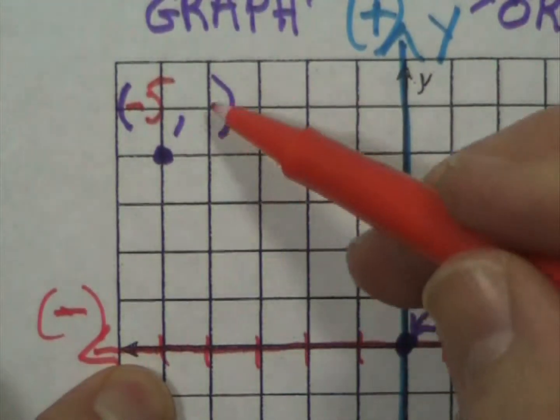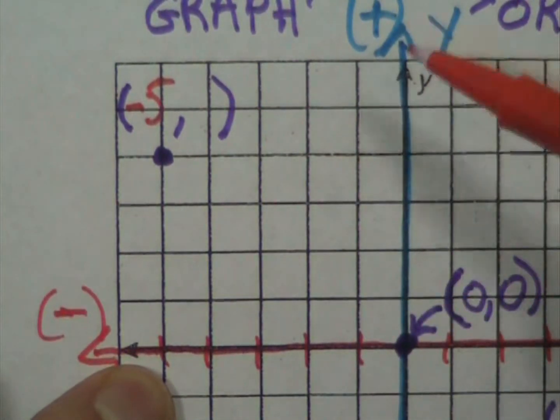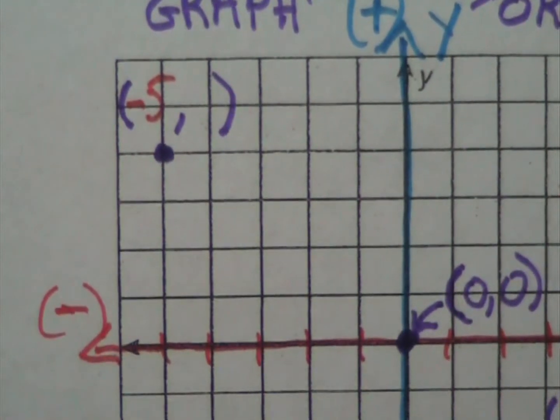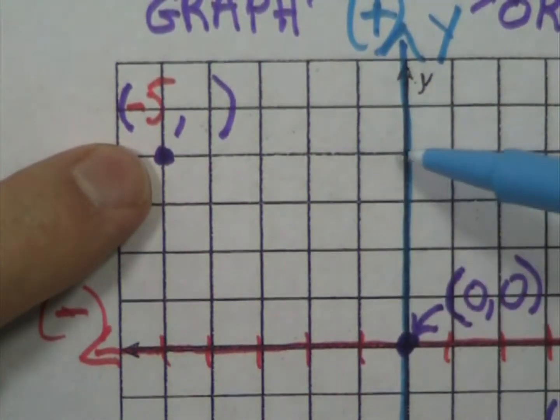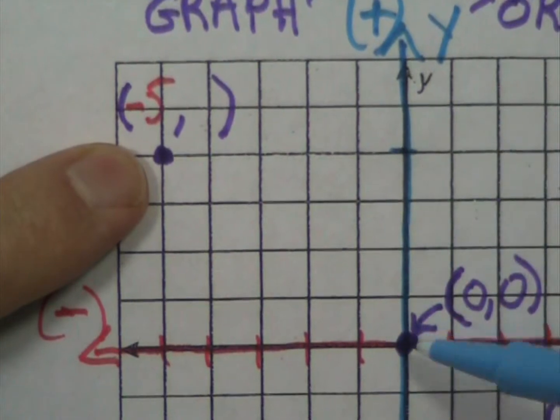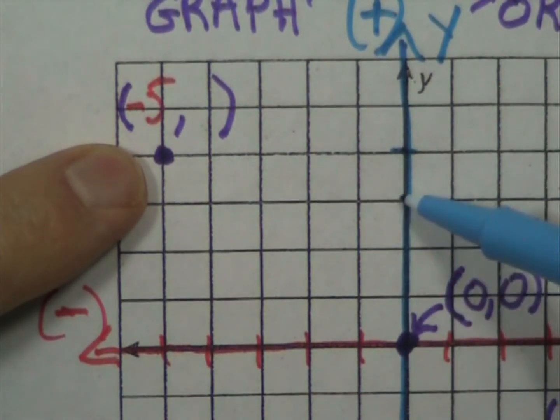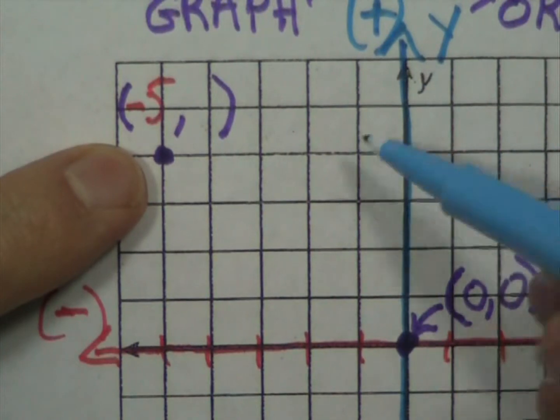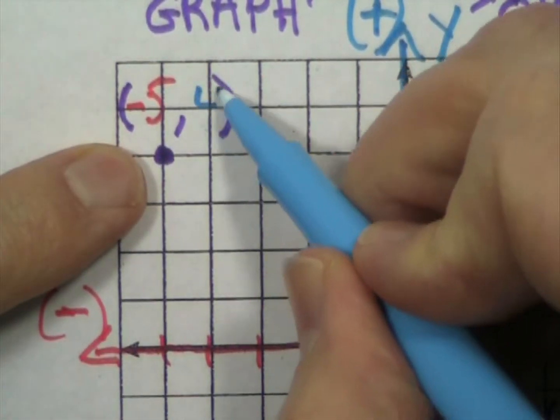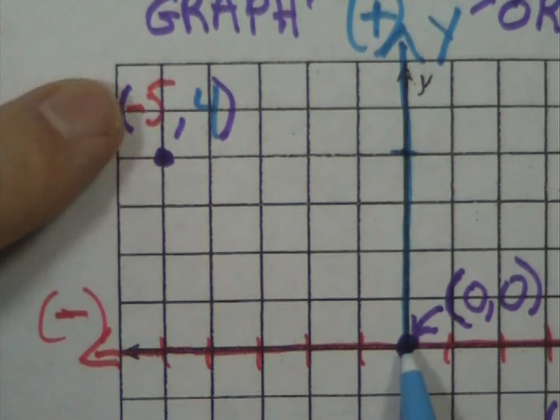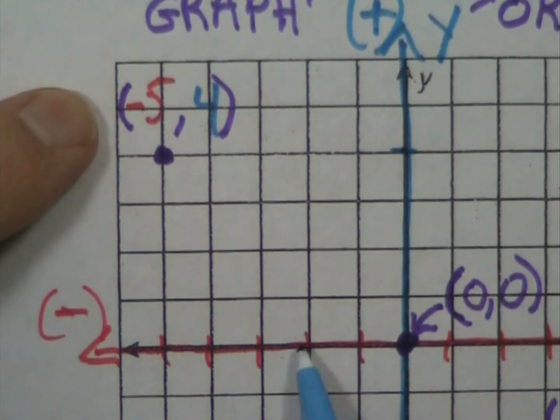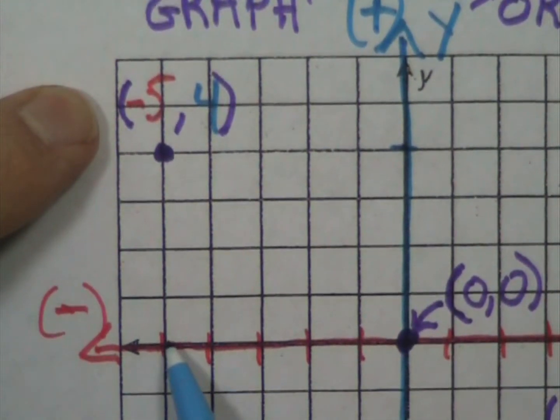All right, now I look at the y-axis. Notice that it's this high. If I count from here, it's 1, 2, 3, 4. It's 4 high, +4. So if it's -5, you go 1, 2, 3, 4, 5. That's -5.